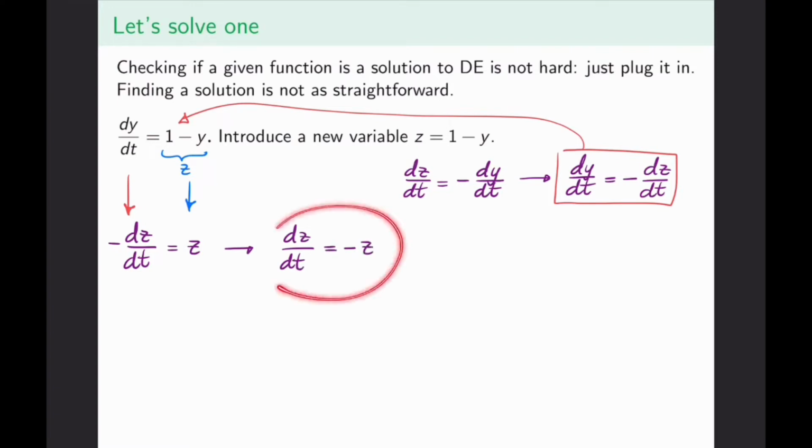Why is this so much better? Well, it's that much better because this is the equation of the form we have seen before. This is exactly the equation of the form y prime is equal to ky, where y is now just called z and k is equal to -1. So this equation I can solve.